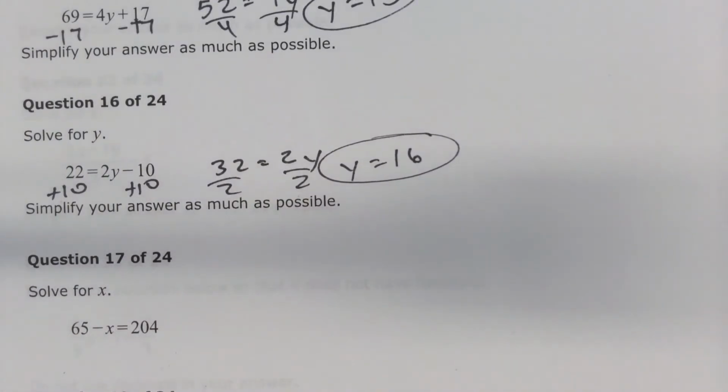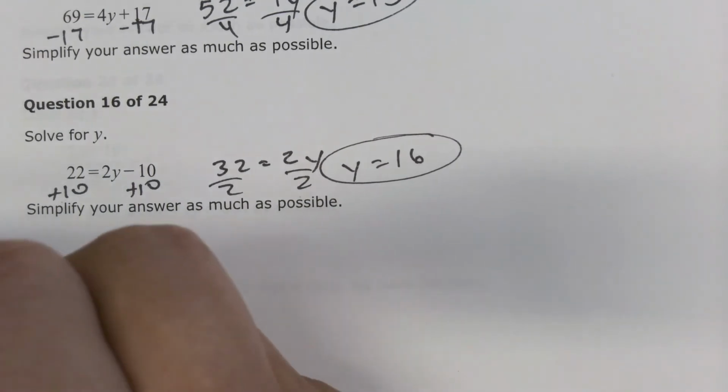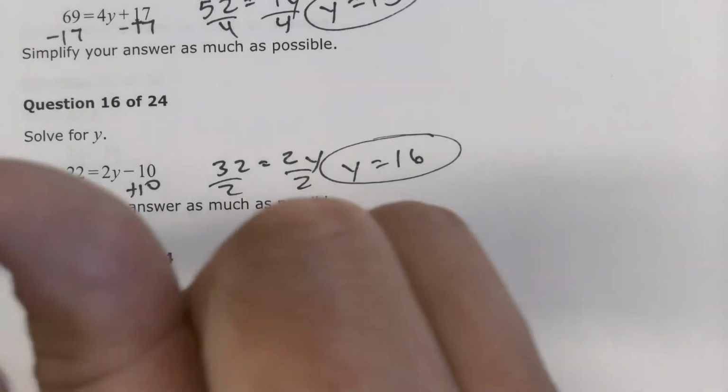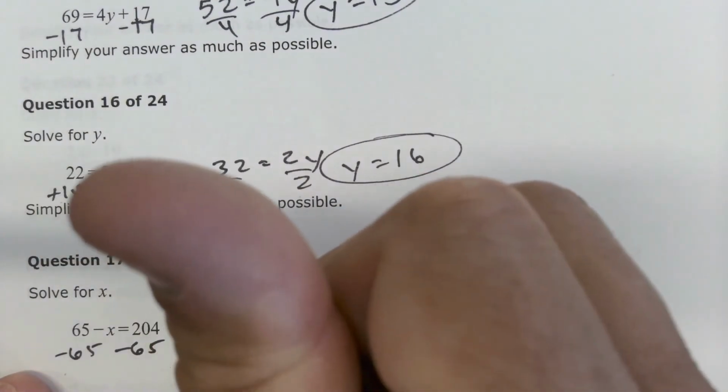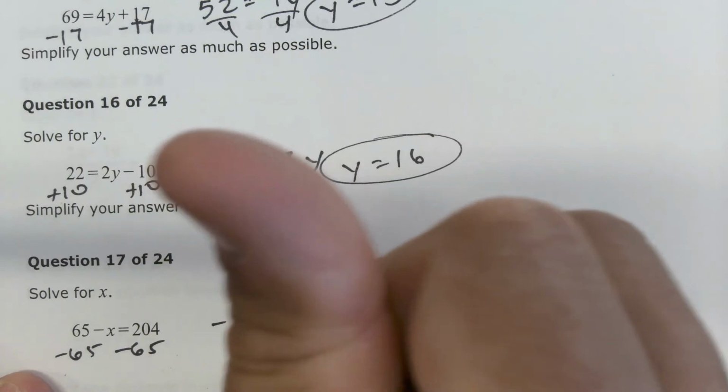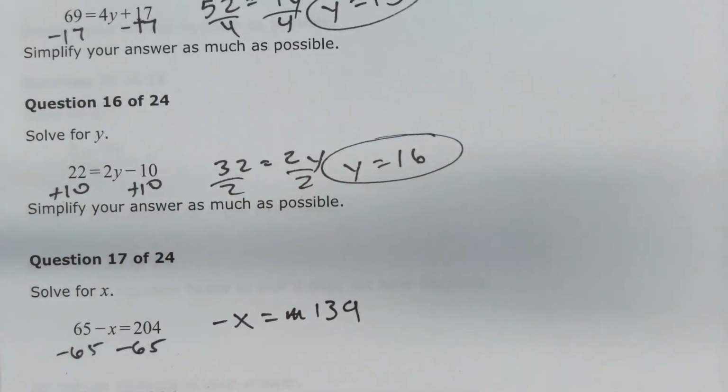We're going to keep getting a little bit tougher. Back up. How do I do this one? Okay, so we get negative x equals 139. Positive 139, right? Okay, Becca, that's not our answer though. What do we got to do?